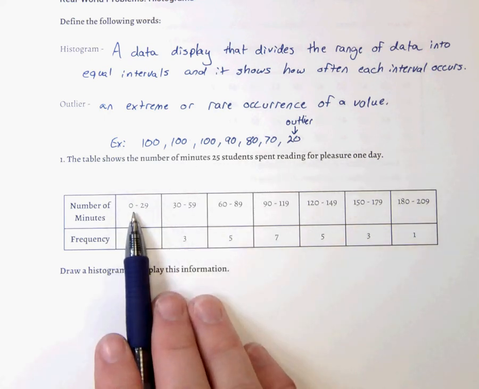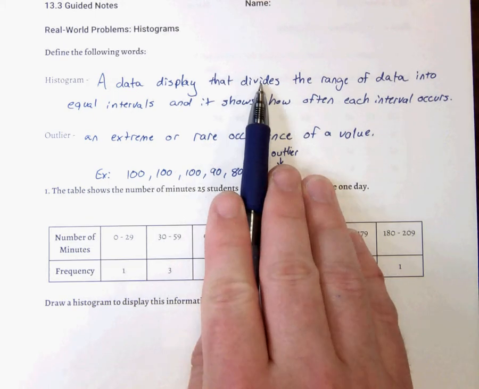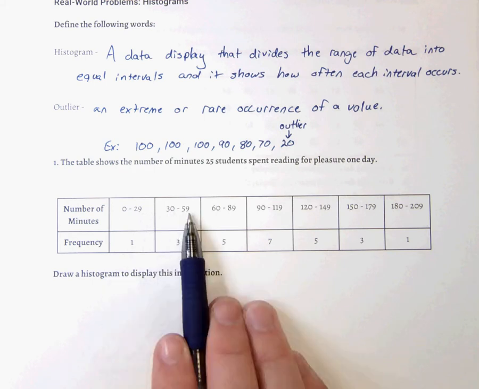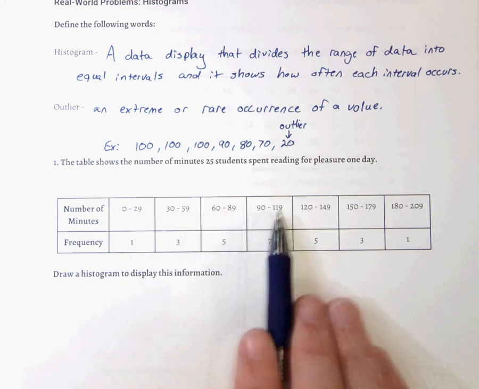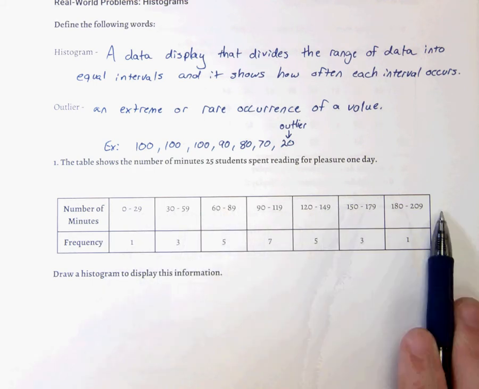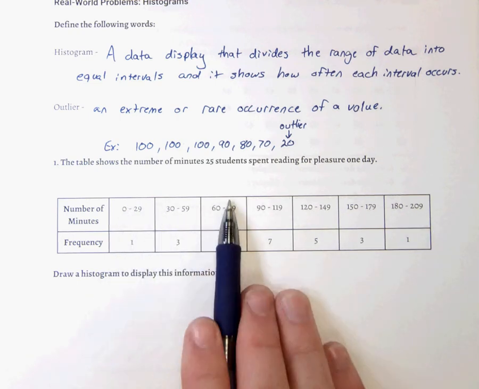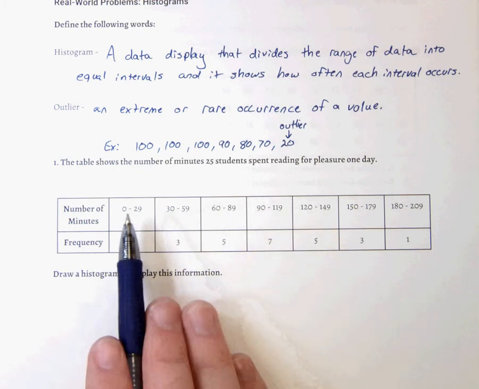You'll also notice that there are the same amount of numbers in each interval. There are 30 numbers in every interval, 0 to 29. If you count that on your fingers, you'll get 30 numbers, 0, 1, 2, 3, 4, 5, and on. So 30 numbers in each interval.